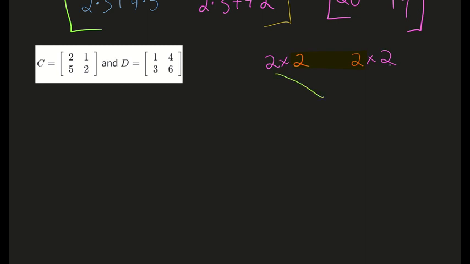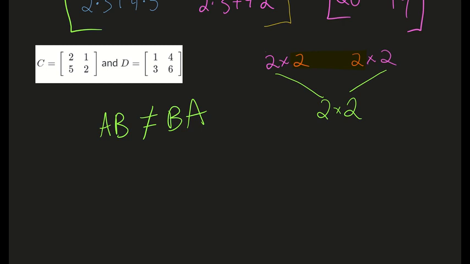So our result is going to be a matrix that has the same number of rows as the first matrix, and the same number of columns as the second matrix. So matrix multiplication is not commutative. A times B is not equal to B times A.